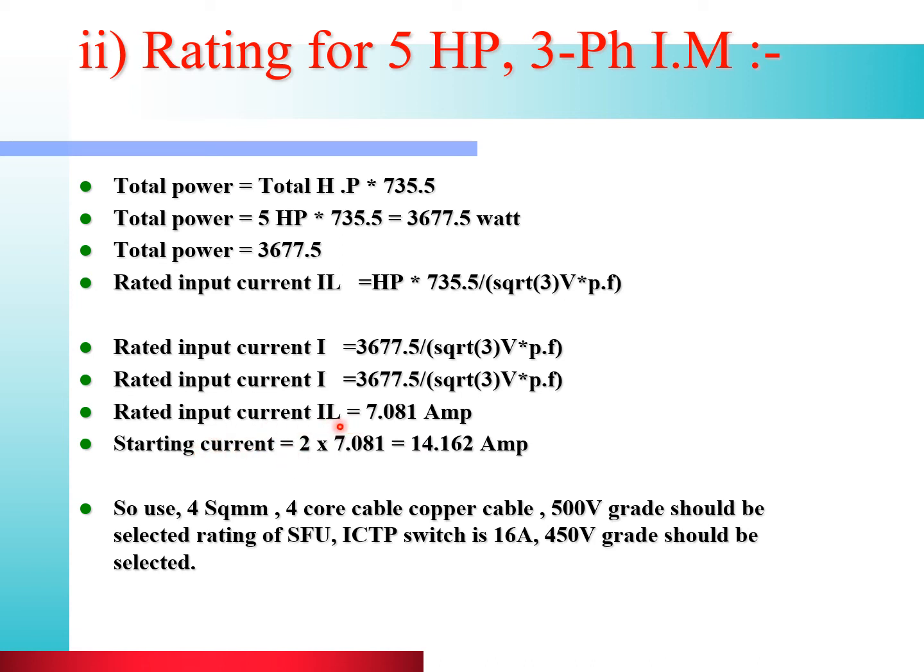First you have to calculate the rated input current, and from that you have to calculate the starting current, and from the starting current rating, as per the NEC table, you have to select the cable. So it is 4 square mm 4 core copper cable 500 volt, and the rating of the ICDP switch is 16 ampere 450 volt.